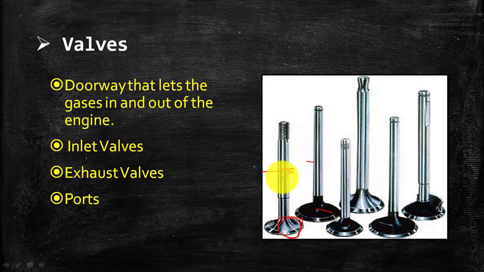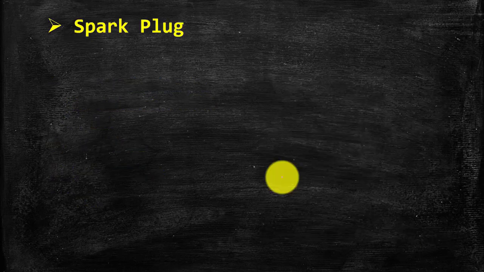The bottom portion, known as the valve head, sits on the valve seat inside the chamber, and this is the portion which is exposed to extremely high temperature generated by the combustion process. You can consider a temperature of nearly 1300 degrees Fahrenheit.